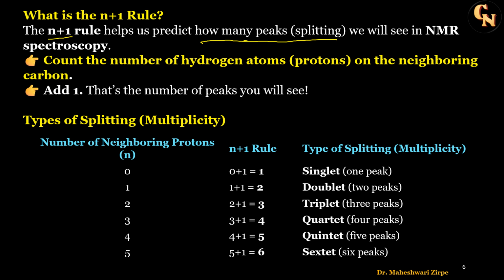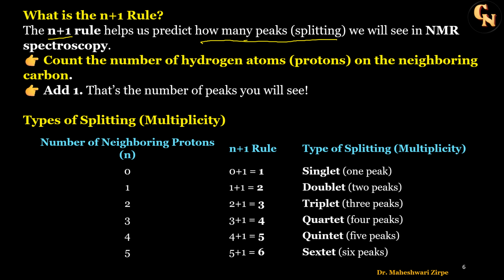This splitting actually can be seen in high resolution. In low resolution, we can only see the signals. So there are two things we have to understand: one, the splitting, and two, whether we are seeing the signals in low resolution or in high resolution. So that when we see the examples, this concept will be clear.